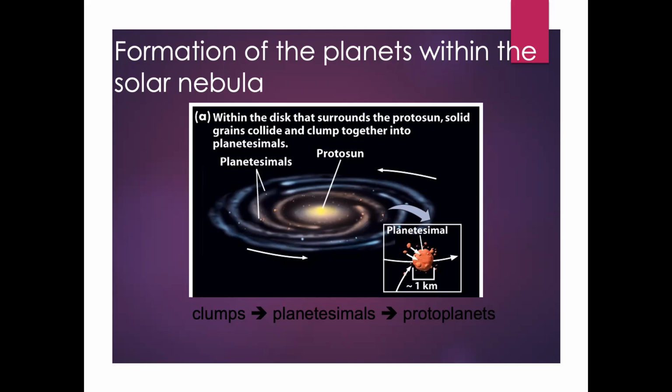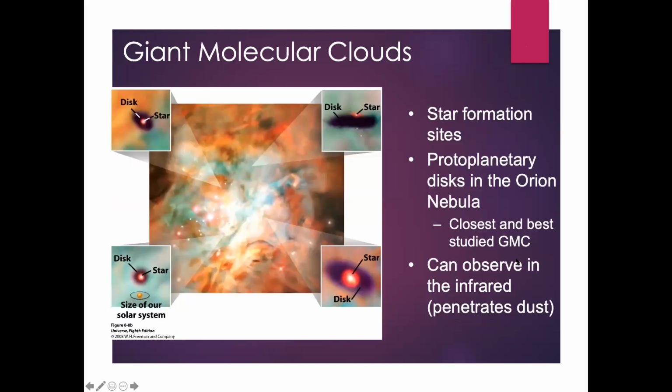And then you end up with what are called planetesimals, pretty small objects, as small as 1 kilometer in size. Here's a planetesimal that is accreting other clumps and smaller planetesimals. These get bigger and bigger, and eventually they get big enough that they form protoplanets.